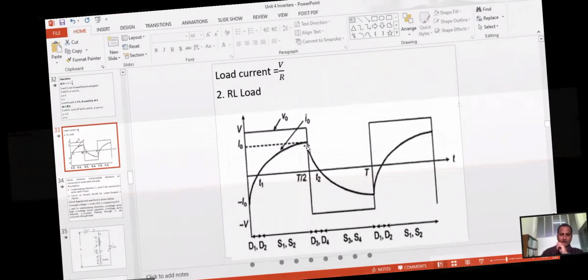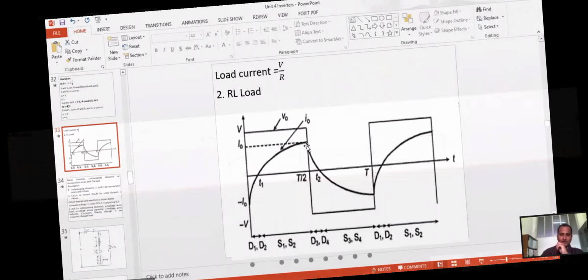Again the current will discharge and go back to this point, and D3 and D4 work exactly the same as we have seen in half bridge inverters. So in full bridge inverters the working principle is exactly the same as in half bridge inverters.